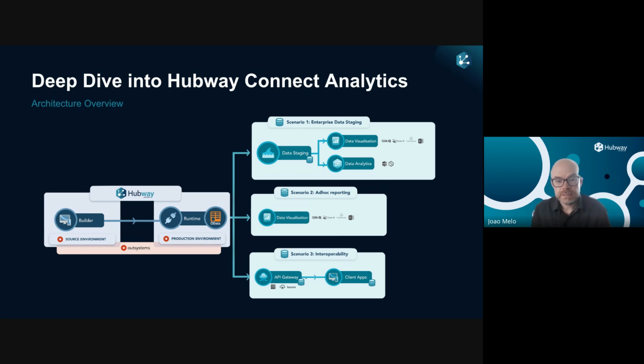And last but not least, a scenario that we're not going to cover today in detail is interoperability, which is when you need to have your OutSystems data available through APIs so that external applications can consume the data. We have been involved in a number of scenarios where we have industry API gateways being used to be that bridge between applications.